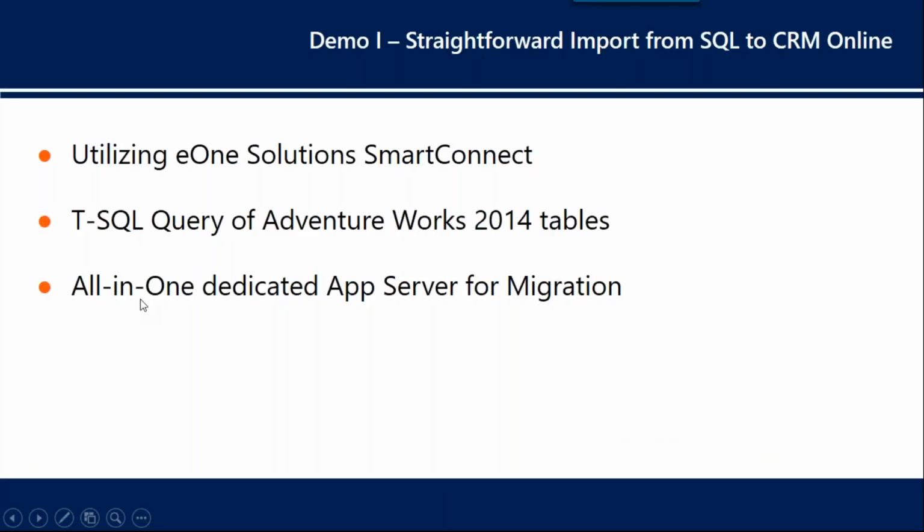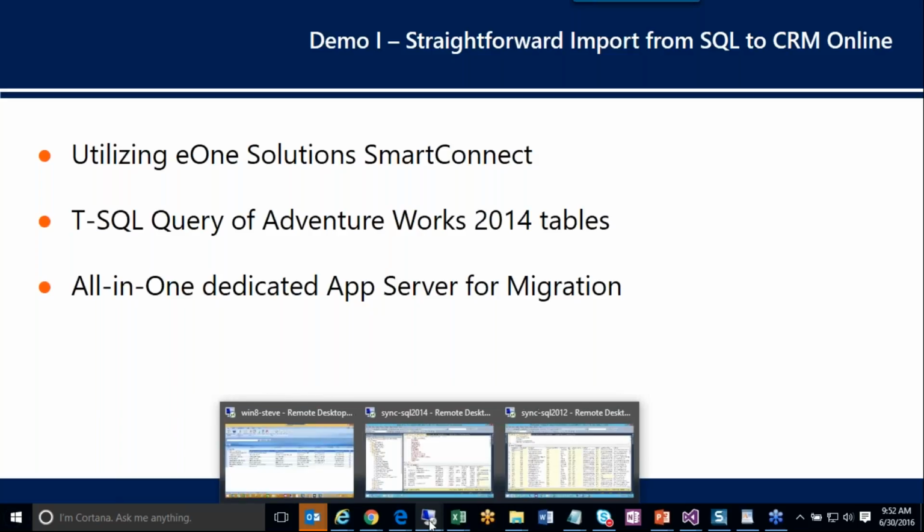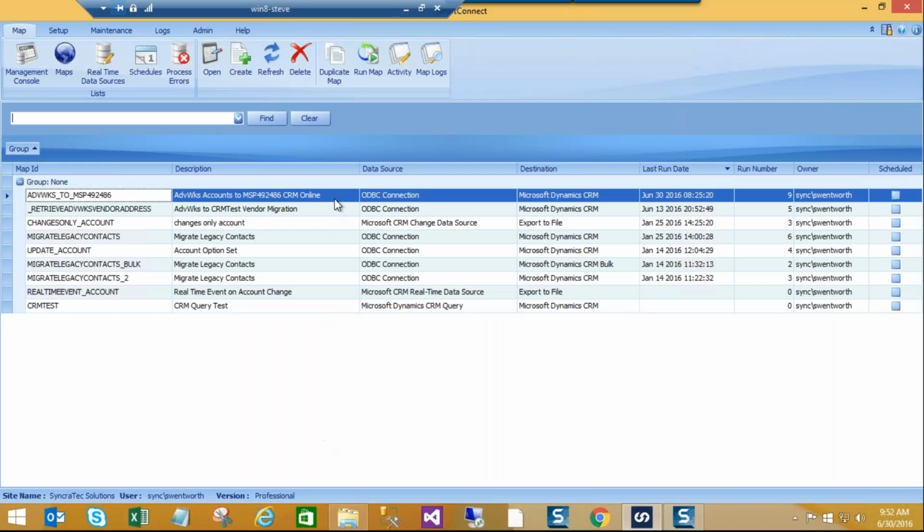What we have with SmartConnect is an all-in-one dedicated app server that's, in this case, good for migration. It's also good for integrations, but this is a very simple migration because it's just a one-time job. We're going to pull accounts from AdventureWorks and put them into CRM Online.